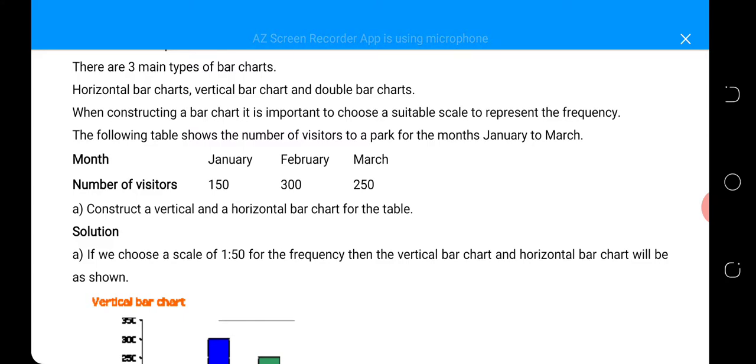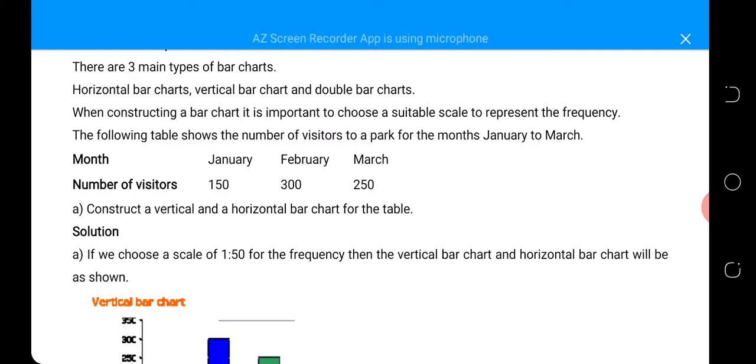According to the table, in the month of January, 150 visitors visited the park. In the month of February, 300 visitors were at the park. And in the month of March, 250 visitors were at the park.